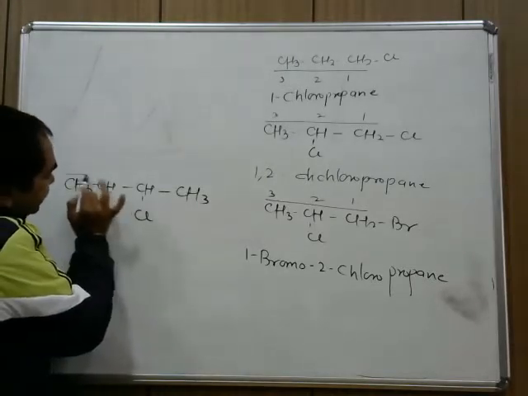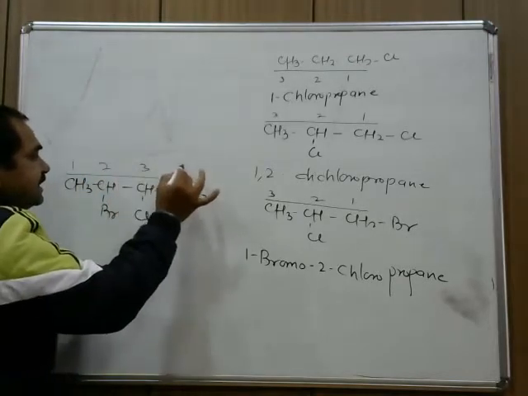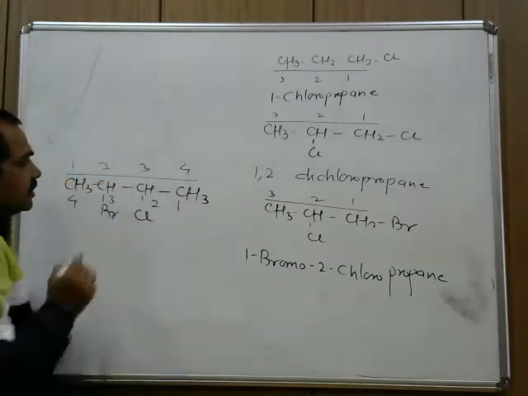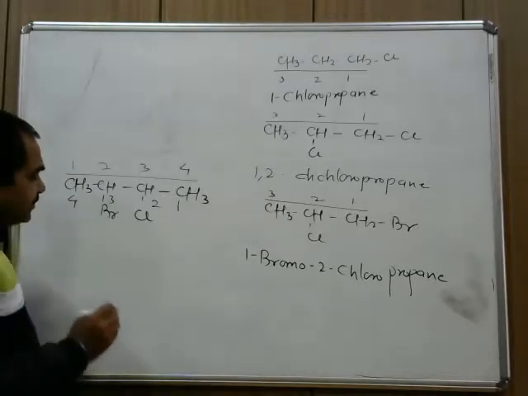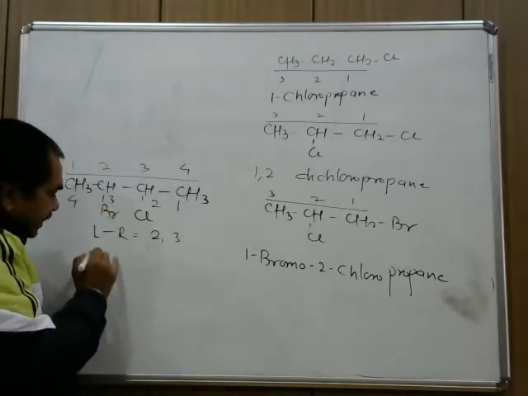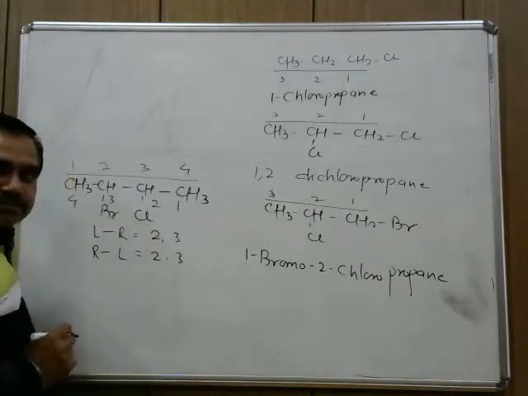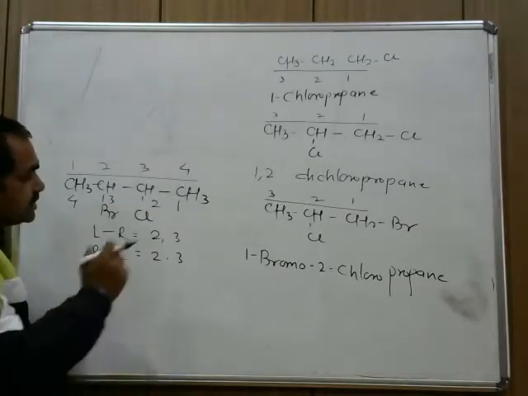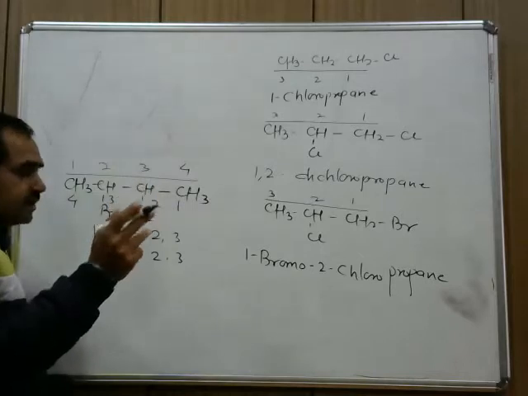In this compound, this is the longest chain. Whether we number it from this side or from this side, the positions of these substituents are the same. From left to right, numbering is 2, 3, and from right to left also 2, 3. So in this case, we choose the numbering which gives the lower number to the alphabetically first substituent.